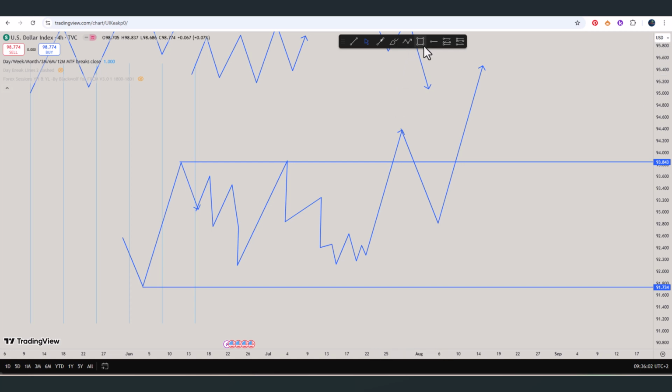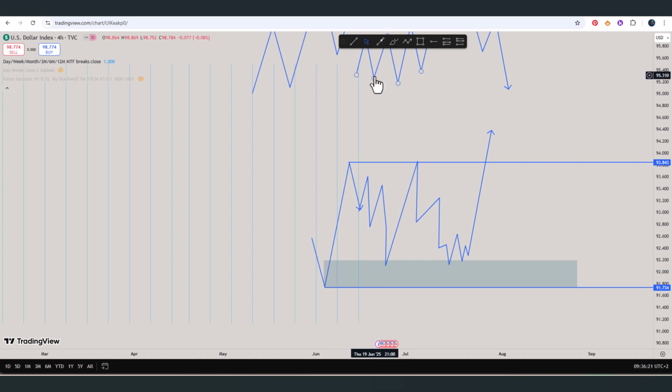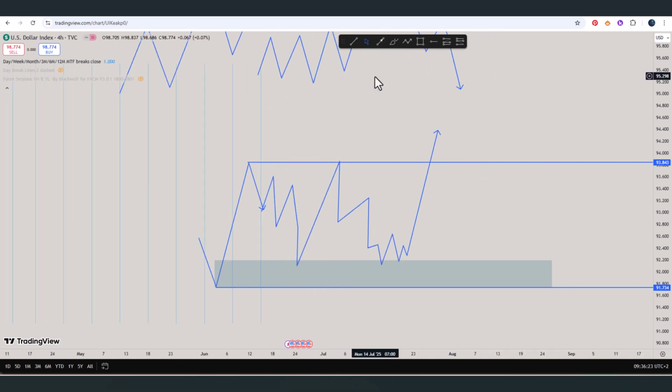And in that range, we are going to be waiting for maybe some interest or some parameters that will be close to this low like this, and we'll be looking for price to get to this particular zone, and then we can trade going up. So when you are looking at market structure, your focus should be on the low and the high. Once you understand what is happening with the low and the high, whatever is happening with anything else does not matter to you. What you just need to do is understand the high and the low.